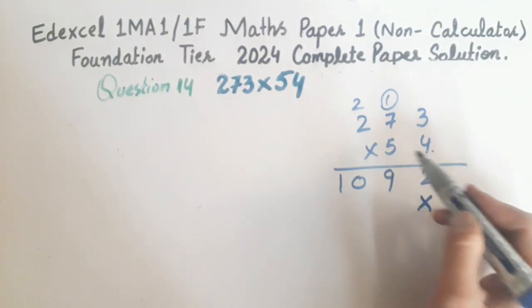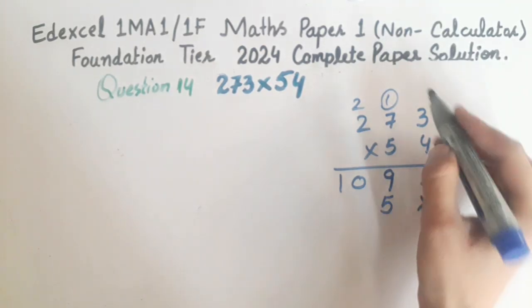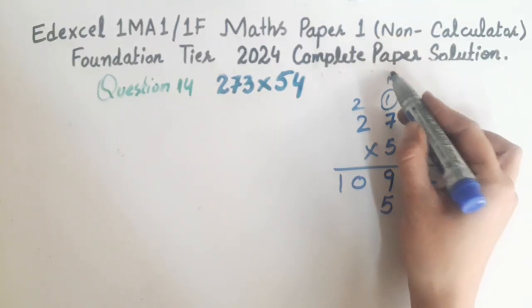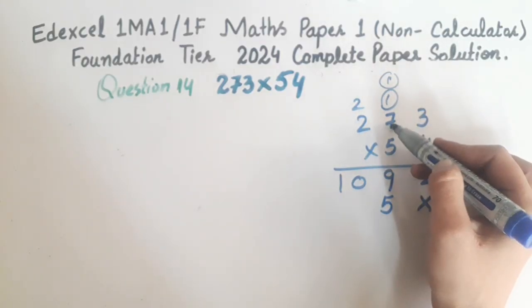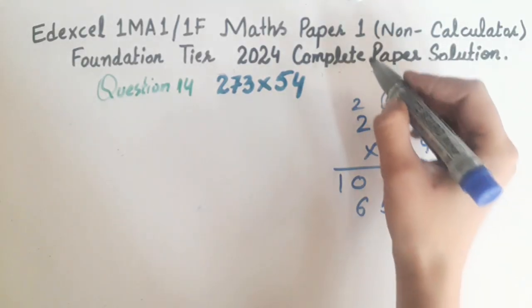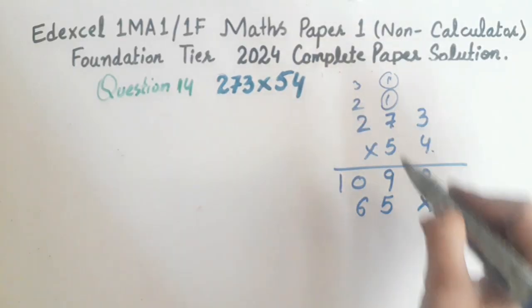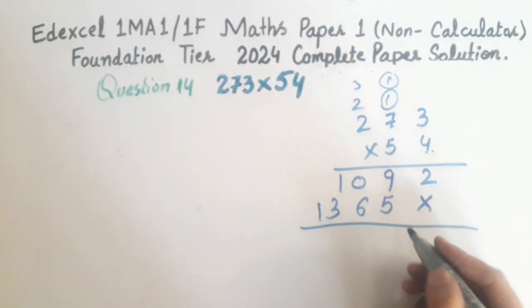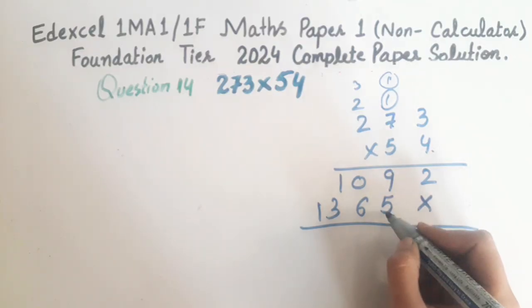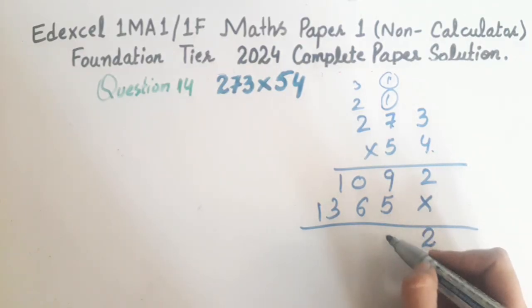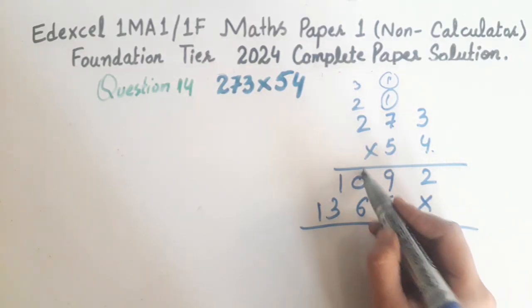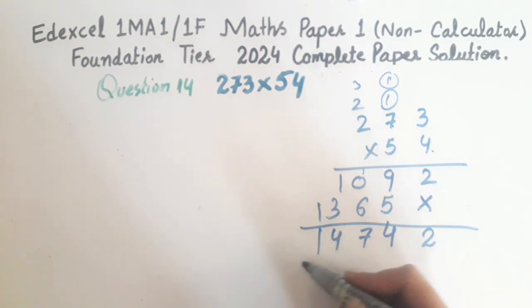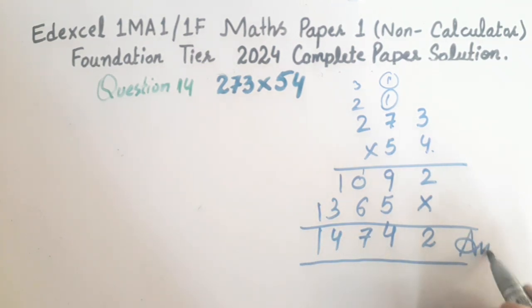Then 5 3s are 15, 5 7s are 35, 36, 5 2s are 10 plus 3 is 13, 9 plus 5, then it will be 14. So this is the final answer.